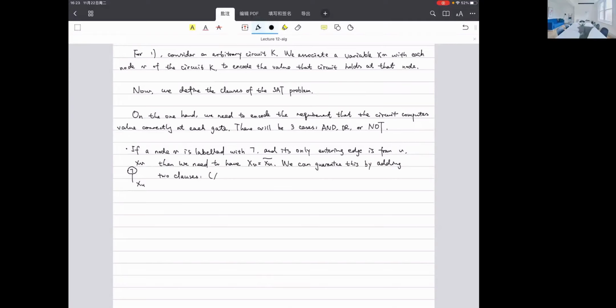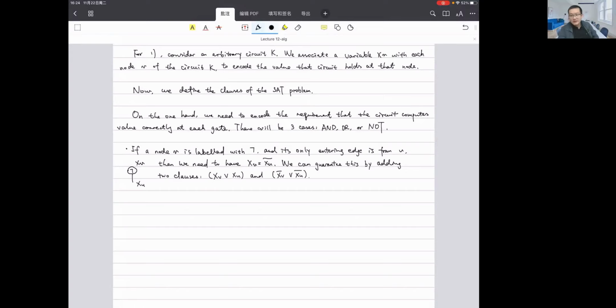We add XV or XU. Recall that in a SAT formula, we require that each clause has OR conditions. So we have two clauses: one is XV or XU, and the other is not XV or not XU.